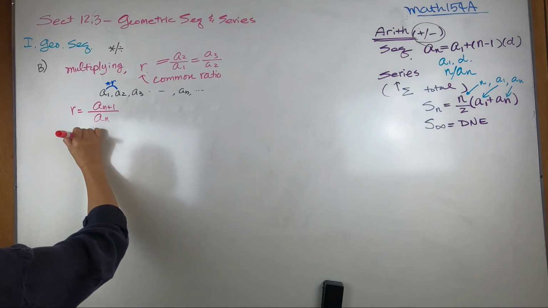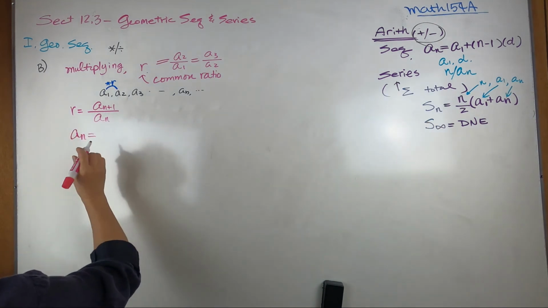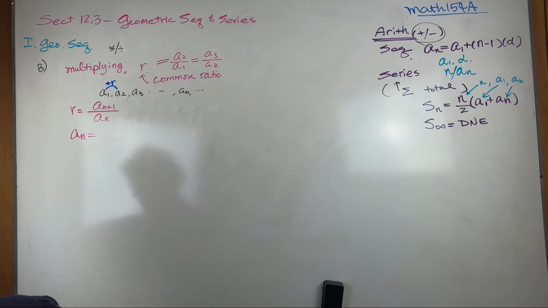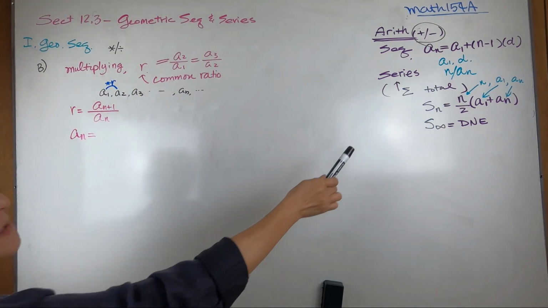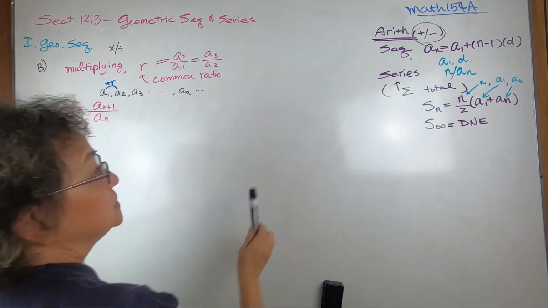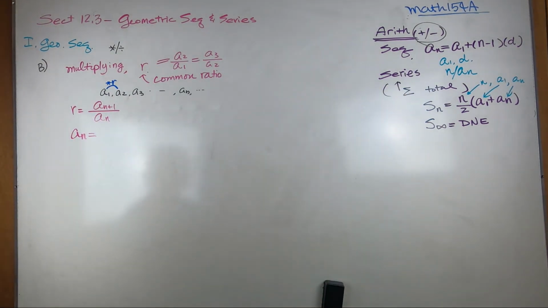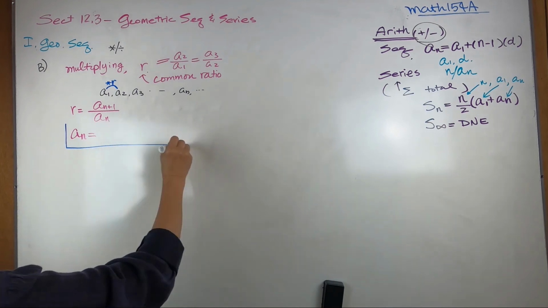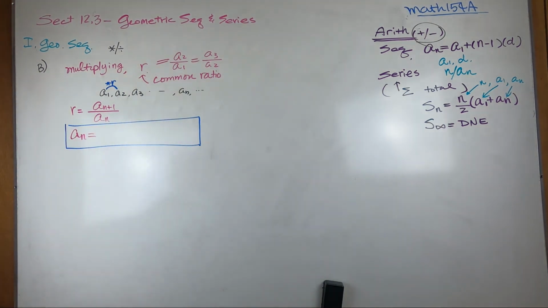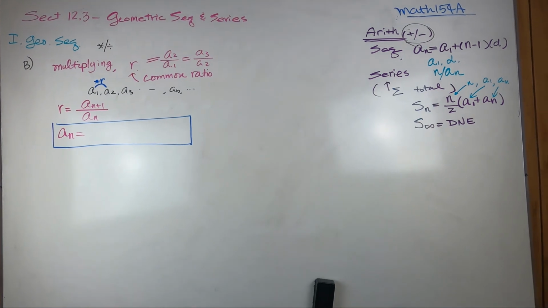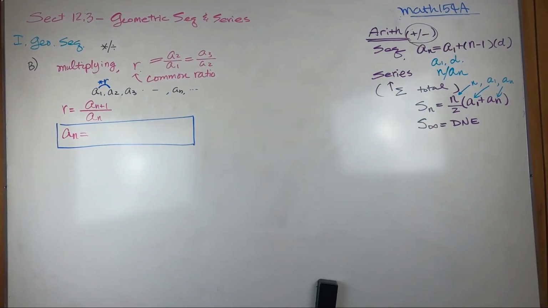Then how do we find the general pattern for the term, a_n? That's what we want: a formula to find the term.